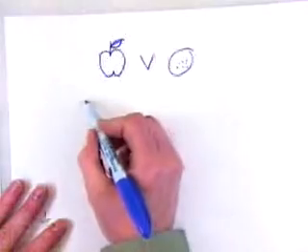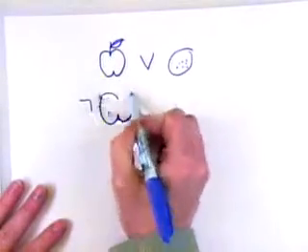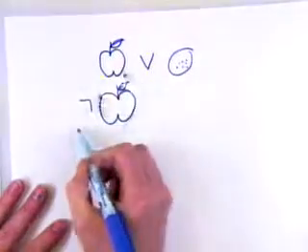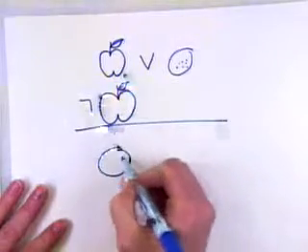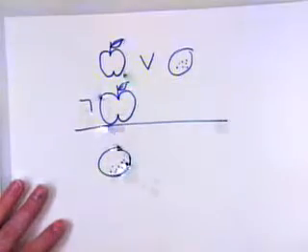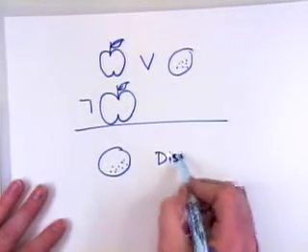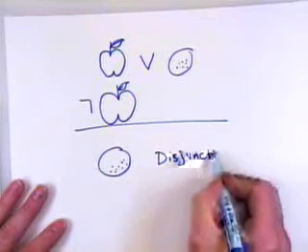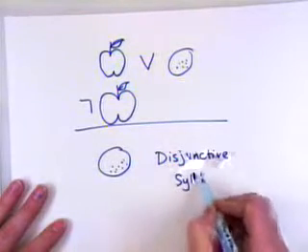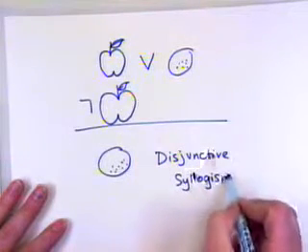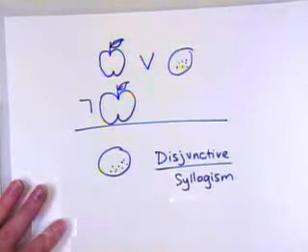Just for a second. If I have an apple or an orange, and I don't have an apple, that means I have an orange. And this is called disjunctive syllogism. The reason why it's called that is because disjunction stands for or.